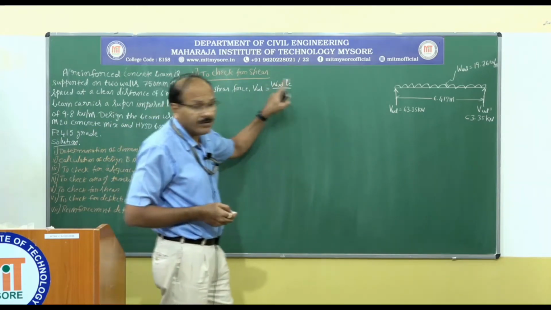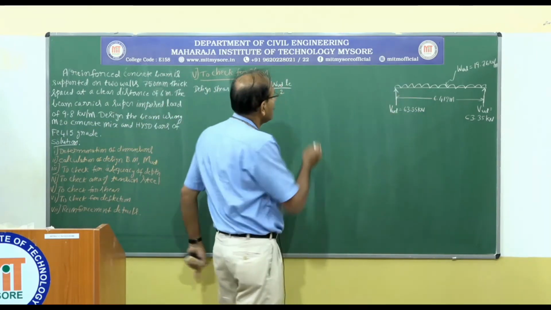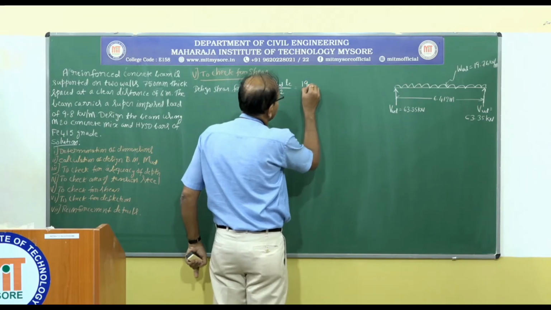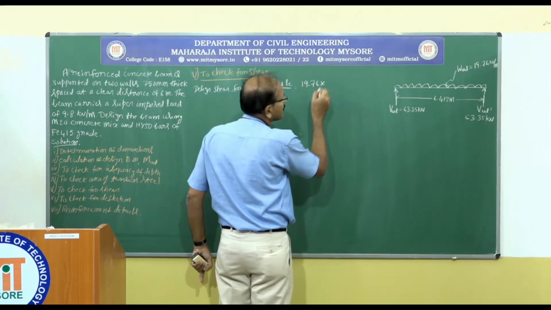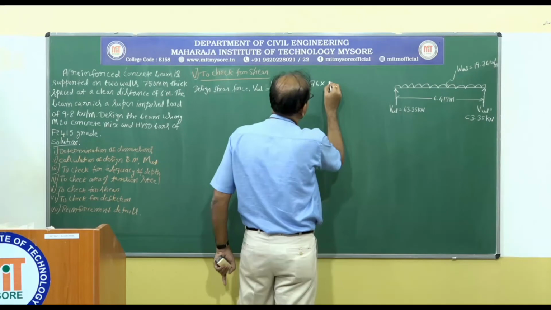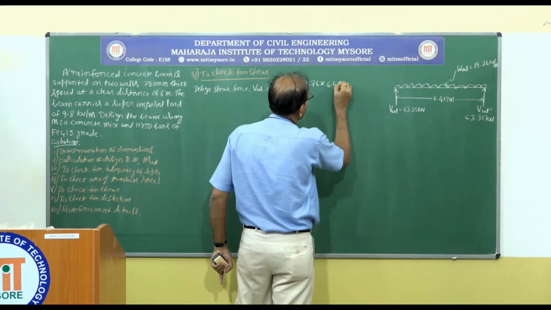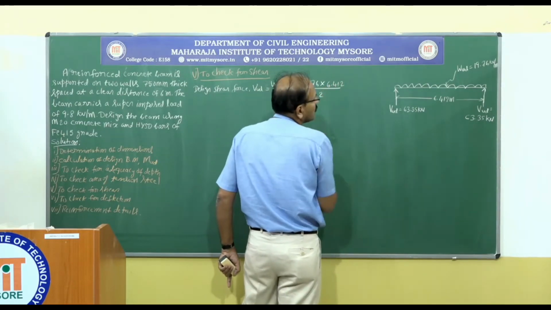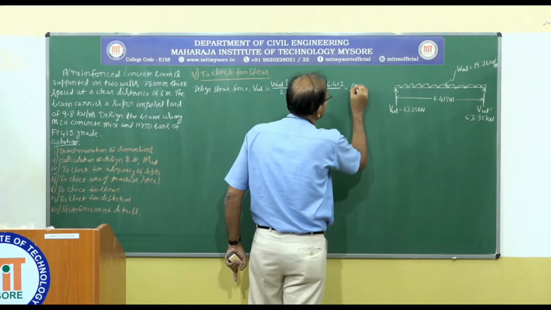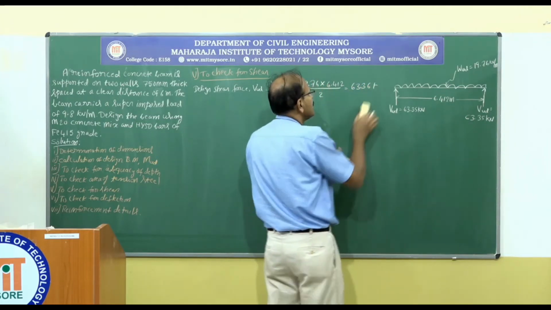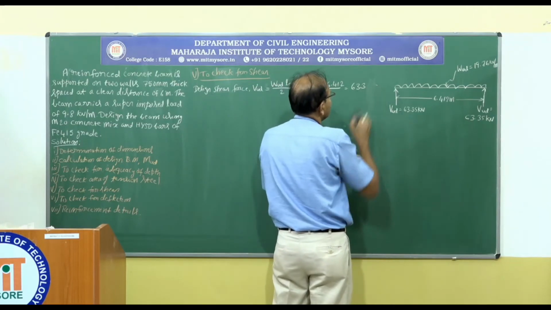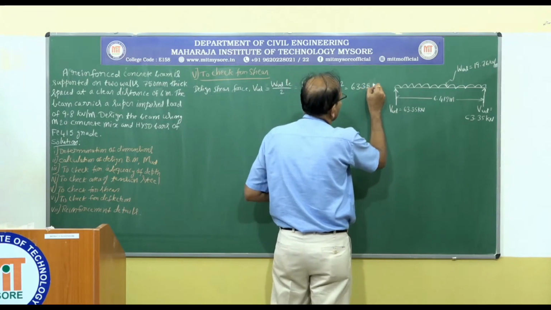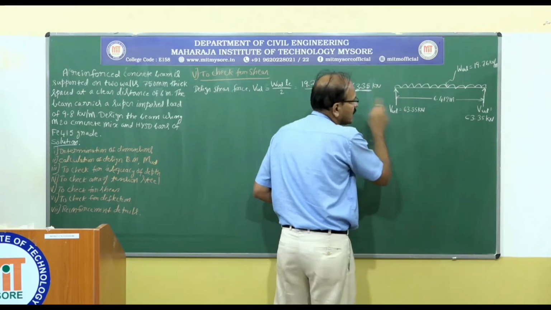So what is wud? That is 19.76 multiplied by the effective span 6.412 divided by 2, that is equal to 63.35 kilonewton. Okay, that's what I have written here.